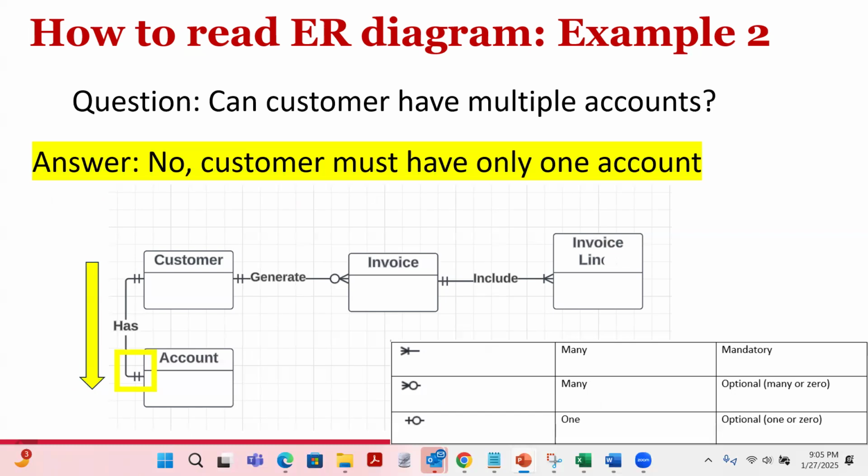So it's mandatory one. So can customer have multiple accounts? No. Customer can only have one and only one account. It's one and mandatory. We are reading the relationship from the entity that we are looking at to the next one where we need to identify the relationship. Okay. Let's look at another example.